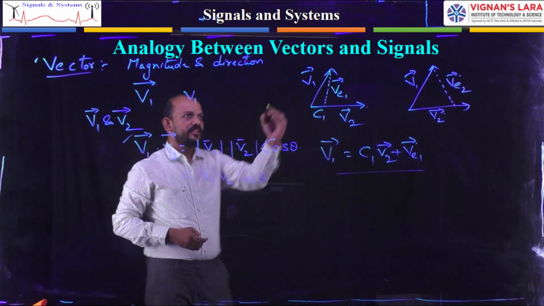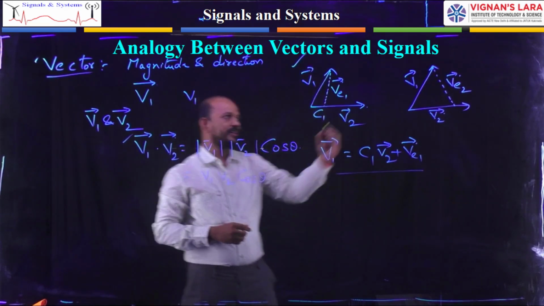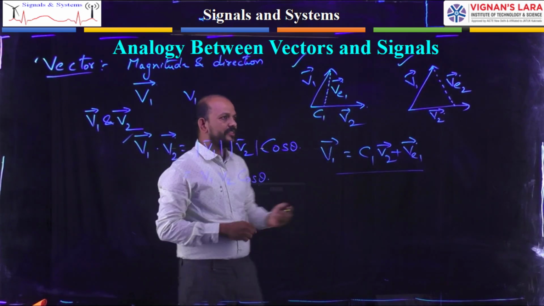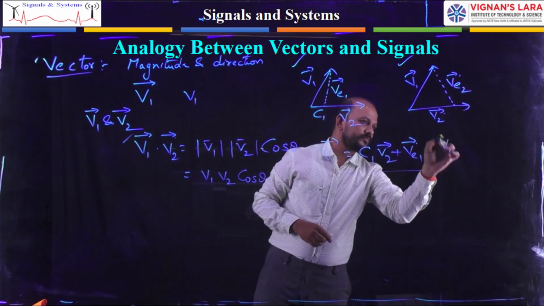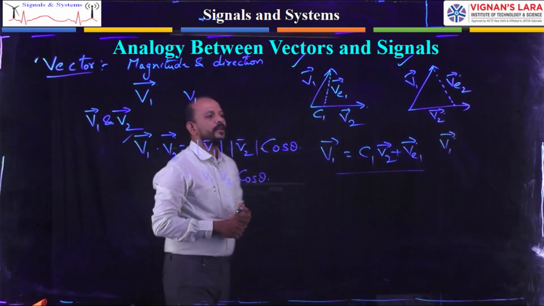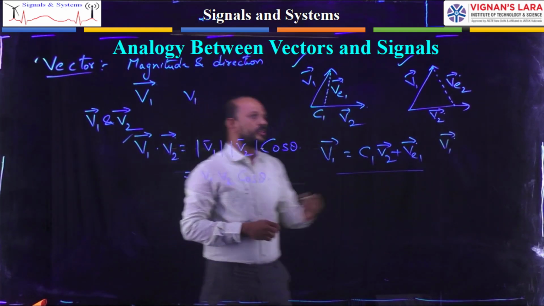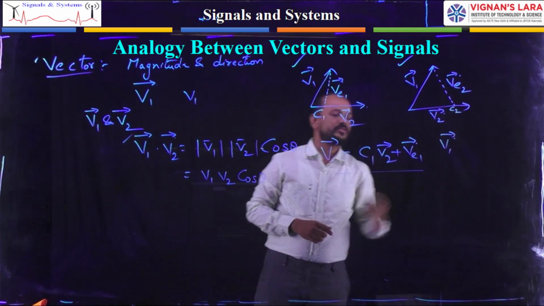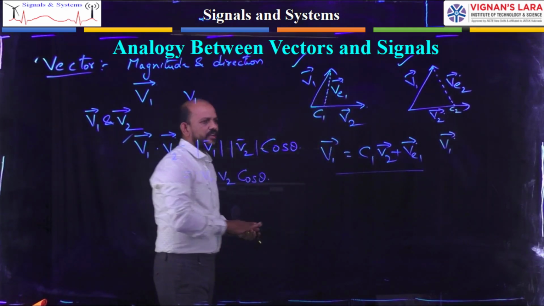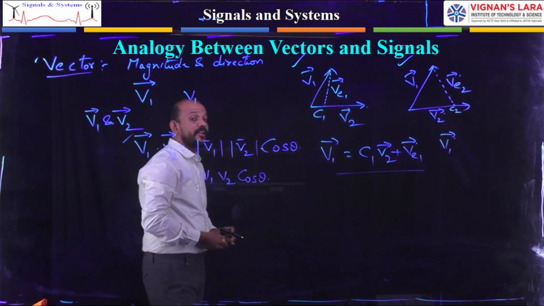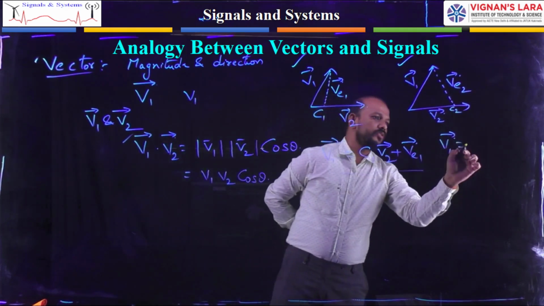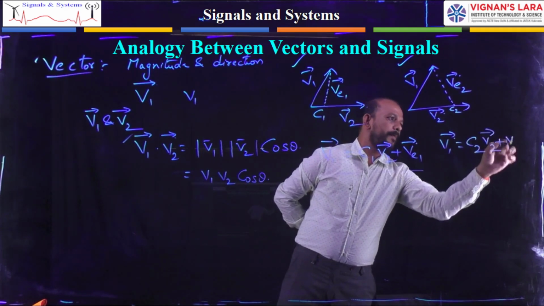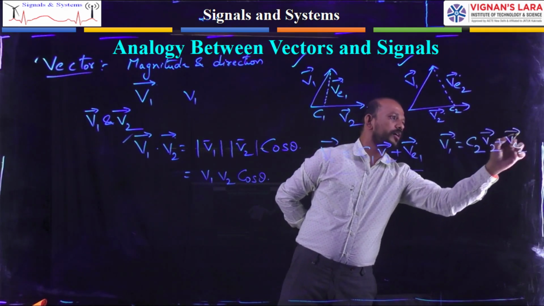First I showed one way, and this is the other way. Here also, from this diagram, I can write the vector V1 in terms of V2. Here I am taking the constant C2, you can take anything. So V1 bar equals C2 V2 bar plus VE2 bar.